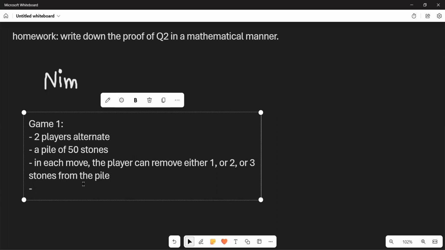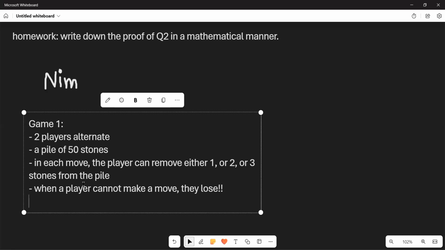When a player cannot make a move, they lose. What does this mean? This means that the player who picks up the last stone wins.